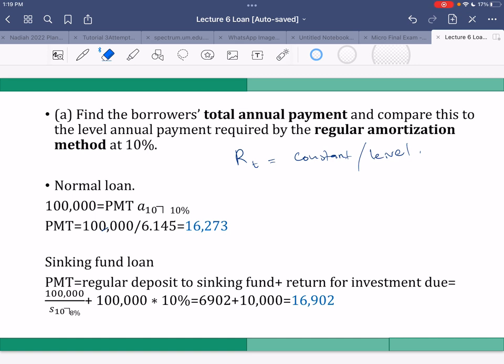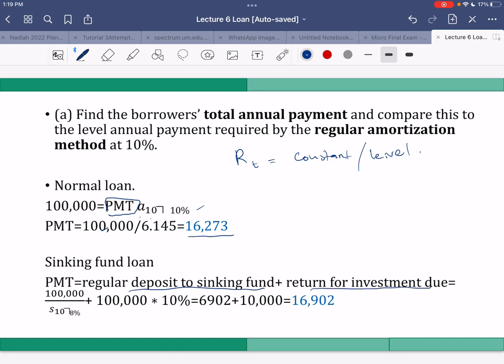So for a normal loan, to pay off this 100,000, you will just do payment times a angle 10 at 10%. So your payment will be 16,273.